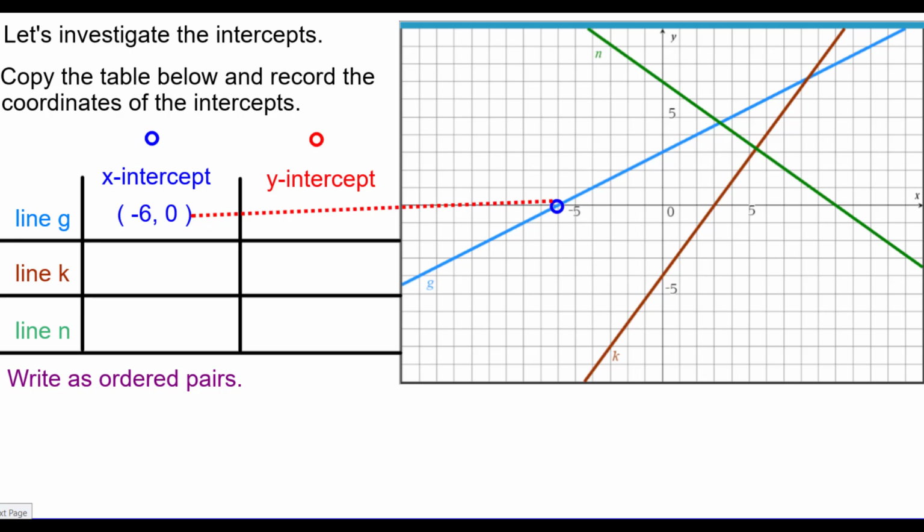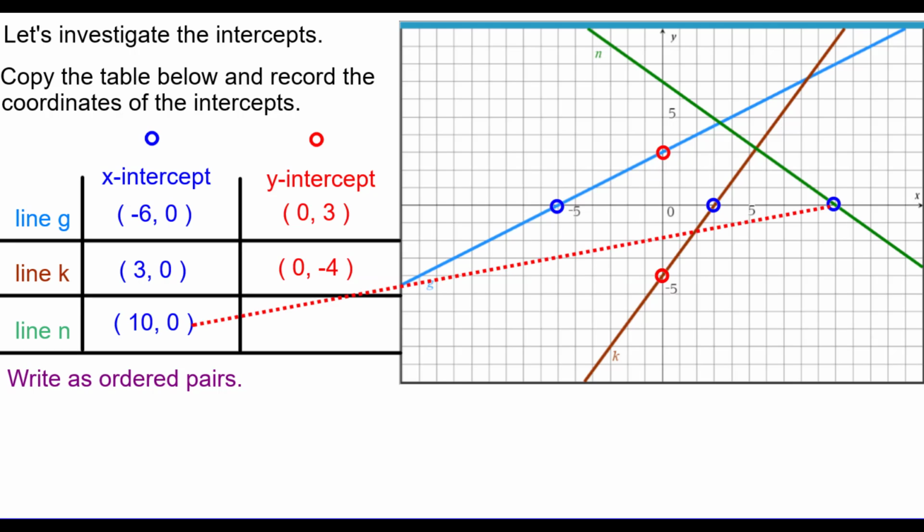So we're going to show that line G has an x-intercept at -6, 0, and a y-intercept at 0, 3. Line K's x-intercept is at 3, 0, a y-intercept at 0, -4. And the green line N, x-intercept 10, 0, y-intercept 0, 7.